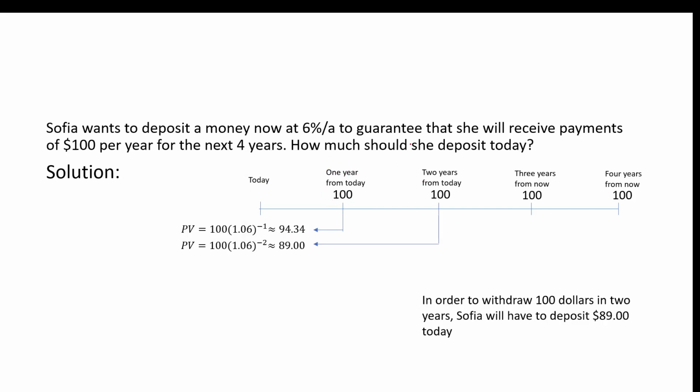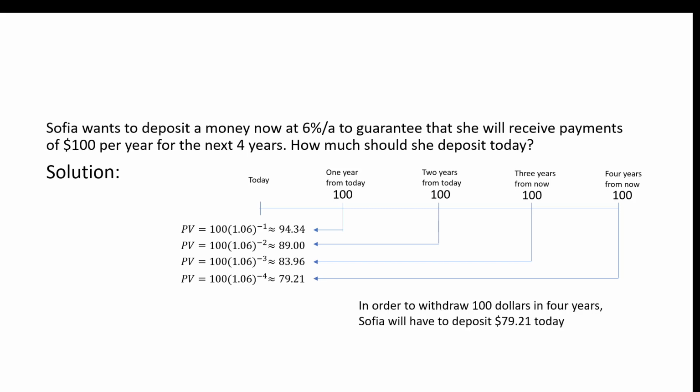Well, she needs to put $89 in the bank today to assure that she'll have $100 2 years from now. Figuring out the present value of the $100 3 years from now, we see that it's 83.96. And the present value of the $100 4 years from now is $79.21.